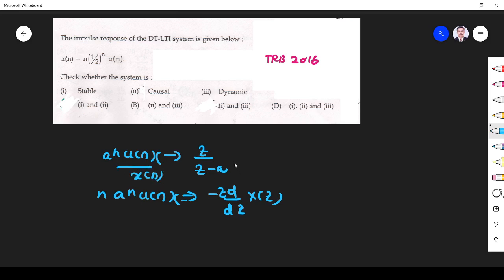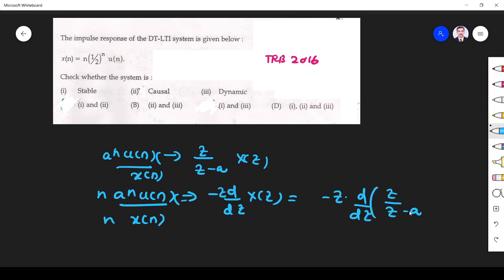Let me assume it is my X of z. So n into x of n is given by minus z d by dz of X of z. Instead of X of z, I substitute z by z minus a.